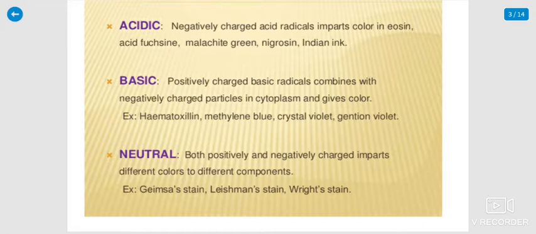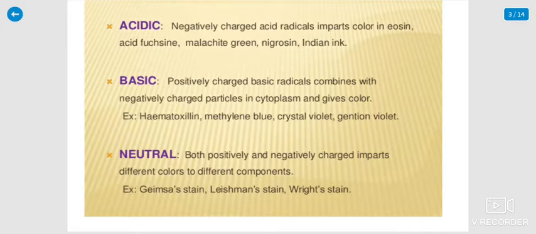So these are all the acidic content in staining compounds. Basic stains have positively charged basic radicals that combine with negatively charged particles in the cytoplasm and give color.